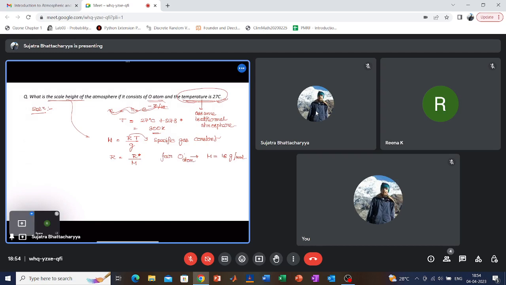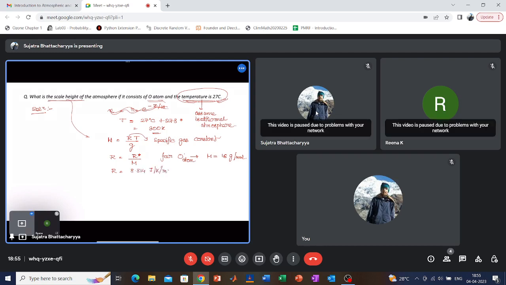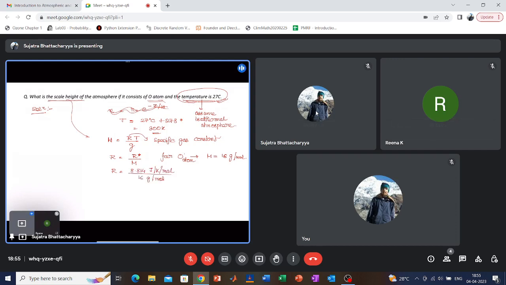Had it been an oxygen molecule, it would be 32 grams per mole. Remember those things. So R will be, now this R star is known, 8.314 joules per Kelvin per mole, and M is 16 grams per mole. Remember, this is grams, we have to convert it into kg, therefore we multiply by 1000. So 8314 divided by 16 will be my answer. It comes out to be about 519.62 joules per Kelvin per kg.